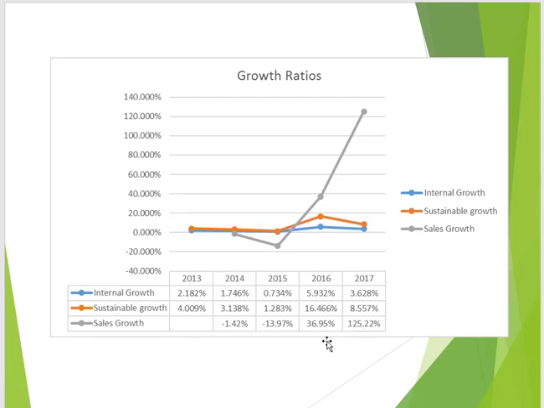So this tells us that if we're going to grow at these growth rates, we're going to have to do it with both internal financing, retained earnings, borrowing capabilities, and we're ultimately going to have to issue stock to maintain that. This could be some of the reasons why some of our ratios are falling.